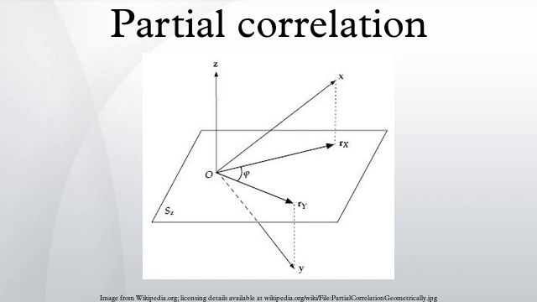It can be shown that the residuals Rx coming from the linear regression of X on Z, if also considered as an n-dimensional vector, have a zero scalar product with the vector z generated by Z. This means that the residuals vector lies on a hyperplane Sz that is perpendicular to z. The same also applies to the residuals of Y generating a vector Ry. The desired partial correlation is then the cosine of the angle between the projections Rx and Ry of x and y, respectively, onto the hyperplane perpendicular to z.